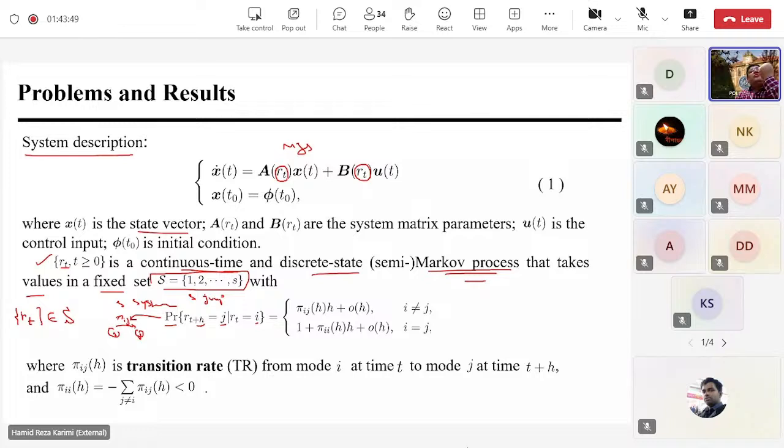So if i is not equal to j, then pi_ij h is a transition probability, and if it remains at i equal j, it is pi_ii. And what is h? The parameter h is also an offset we call the sampling time.